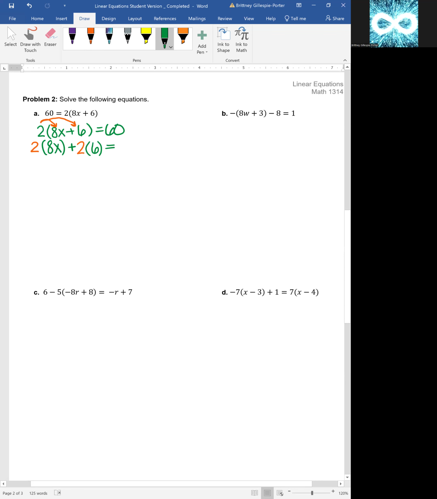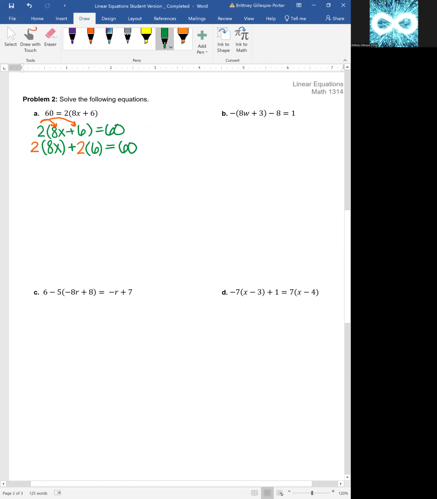We're not going to multiply 60 times 2 because 60 was not in the parentheses. And some of you may be able to skip that step and go to the next one. That's fine. Way to use your mental math.